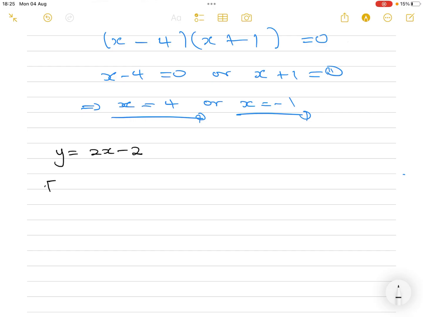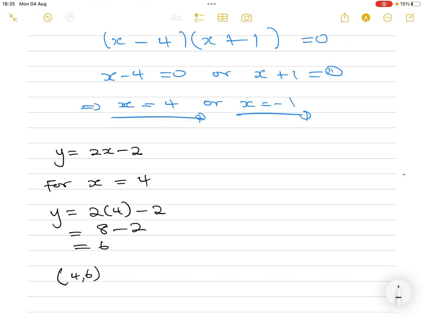So now for x equal to 4, this is what you'll get. y will then be equal to 2 times 4 minus 2, which is 8 minus 2, and the answer will be 6. So we'll be having a coordinate here that says (4, 6).